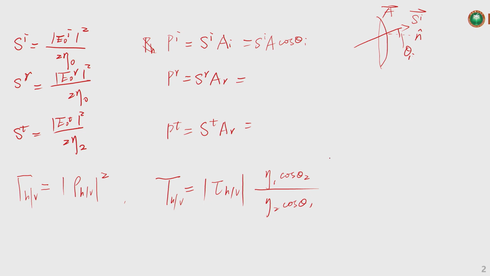It has two mediums: medium 1 with intrinsic impedance eta 1, and medium 2 with intrinsic impedance eta 2. So these are the expressions for this part.